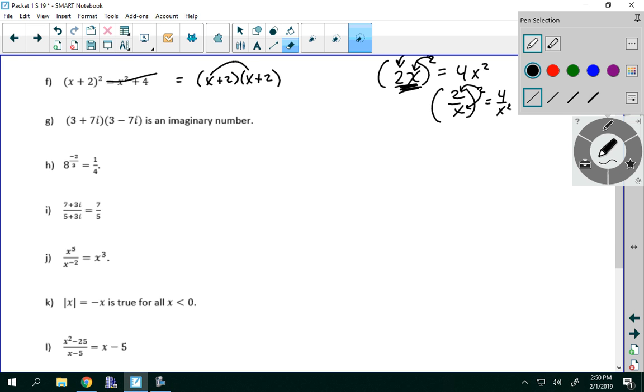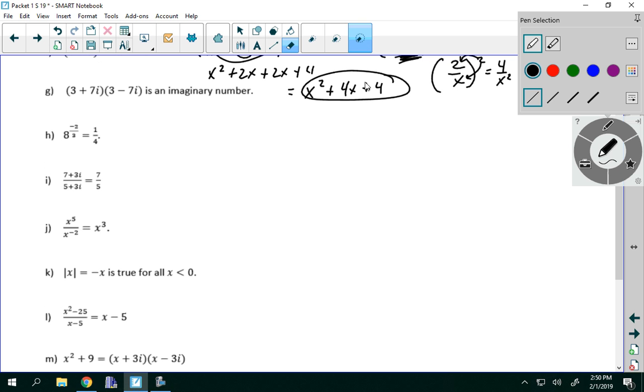And now you use the distributive property twice to get your answer. So your answer here is x squared plus 4x plus 4. Okay, so that's one that people often can get confused by. So if you wrote true there before listening to the video, make a note of this for yourself.